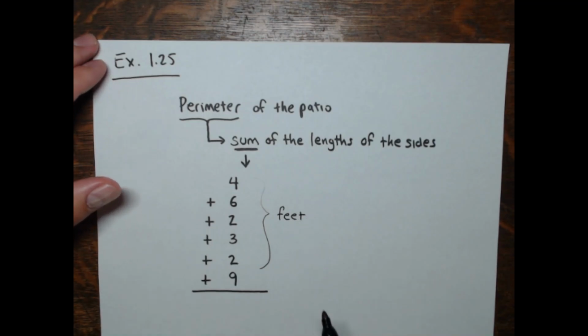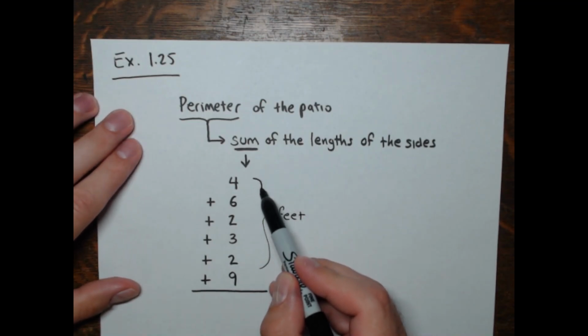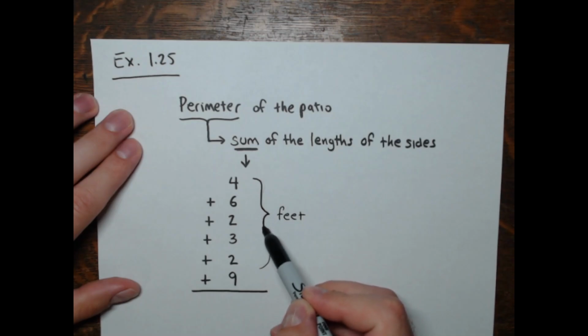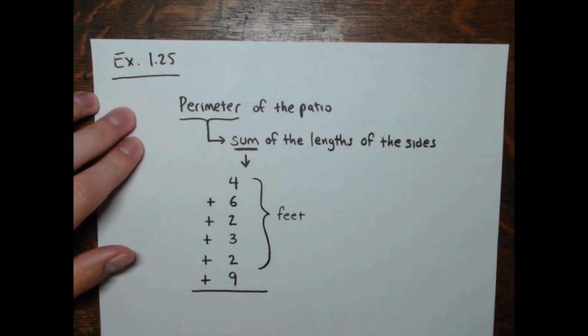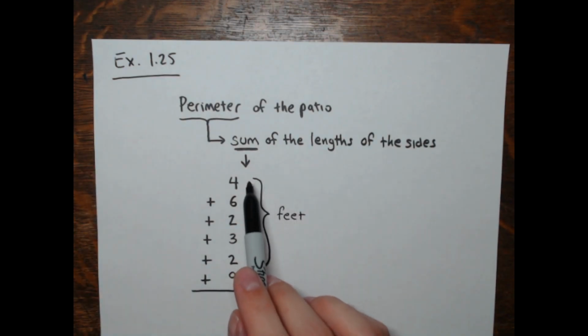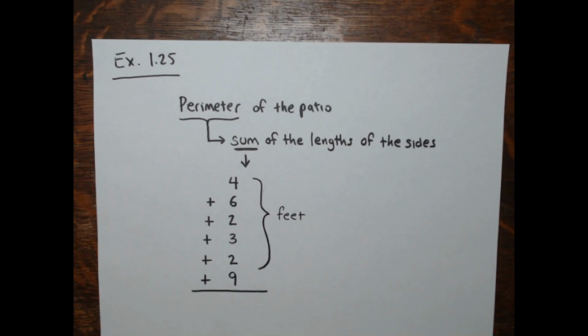You've got to be careful with stuff like that, especially when it comes to perimeter and adding lengths. They all have the same units, right? They all have units of feet. Now, if some were given in feet and some were given in inches, you would have to do some sort of unit conversion, which I don't believe we're going to be getting into just yet.